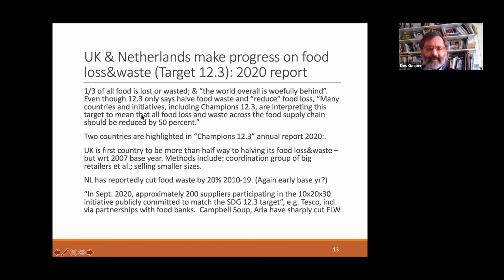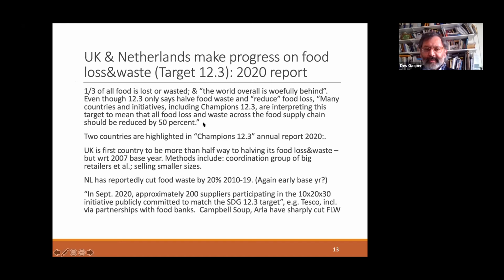And their report is a mixture of the glass half full and half empty. So the situation is still really poor in terms of a third of all food is lost or wasted. Some progress though.